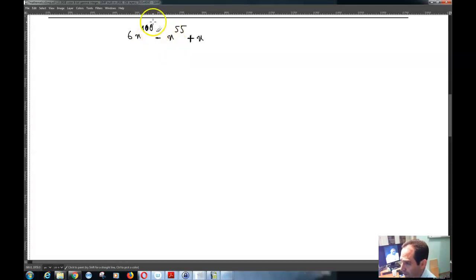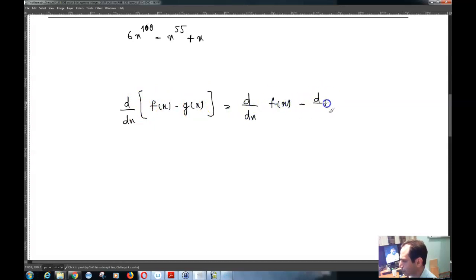So basically you have to take the derivative of each of these terms individually and then add or subtract, because we said that d by dx of f of x minus g of x was equal to d by dx of f of x minus d by dx of g of x.